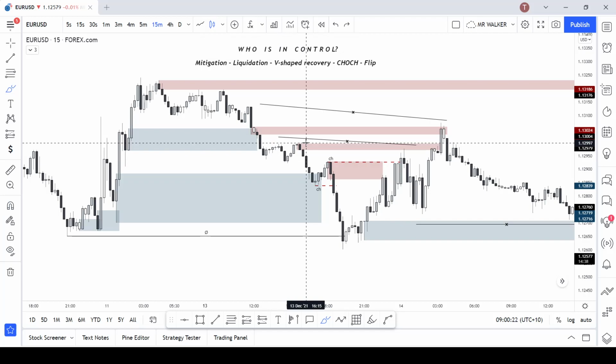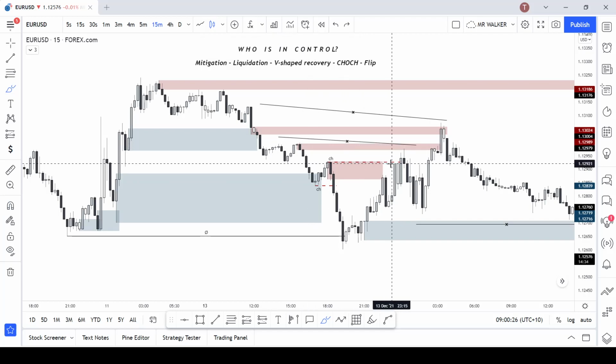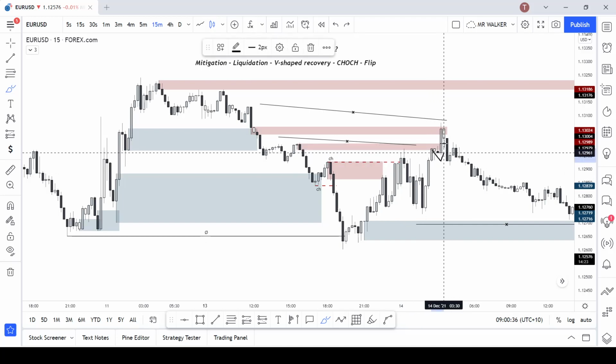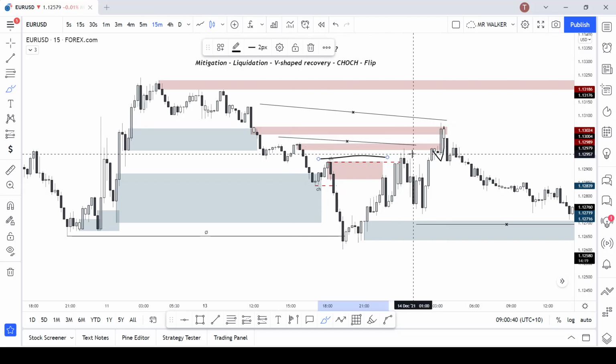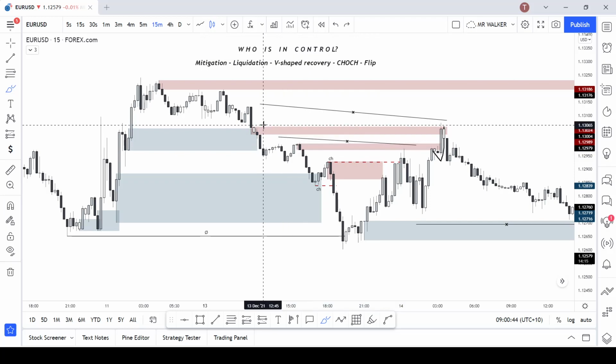Not really. We have created a double top, which means that we may as well get swept. The price does what? Reacts to the downside, goes to the upside, sweeps the liquidity above these highs, all these three highs.